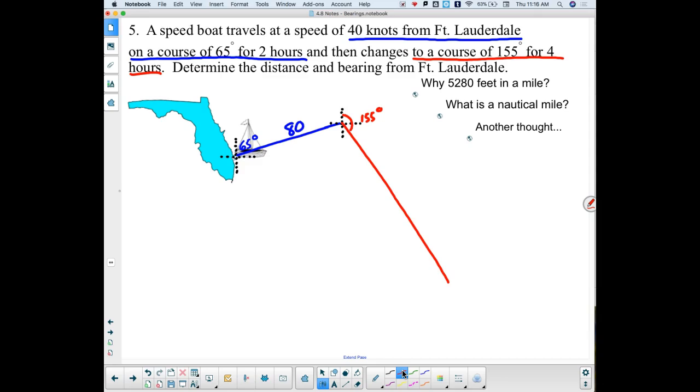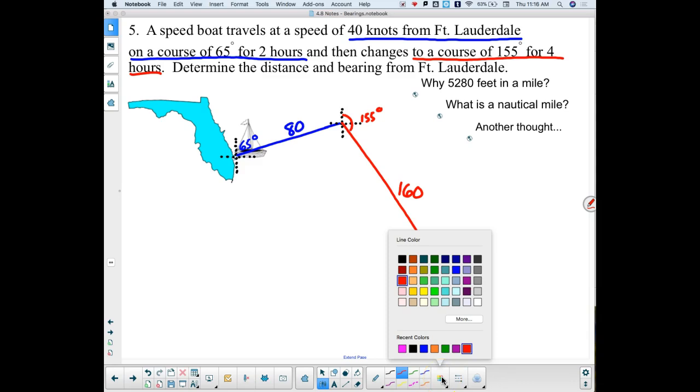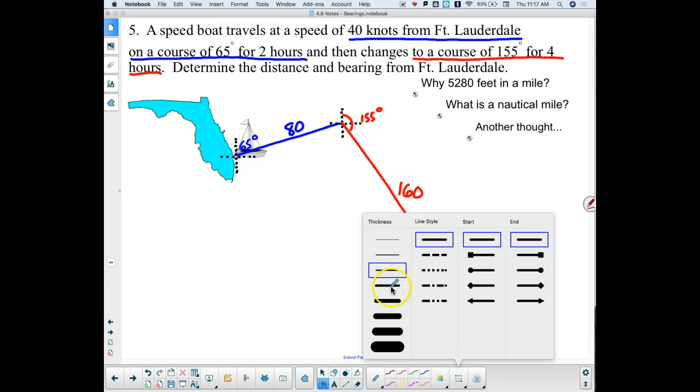How far does it travel along the red? 160 nautical miles. They are different, just so you know. We want to determine the distance and the bearing from Fort Lauderdale.